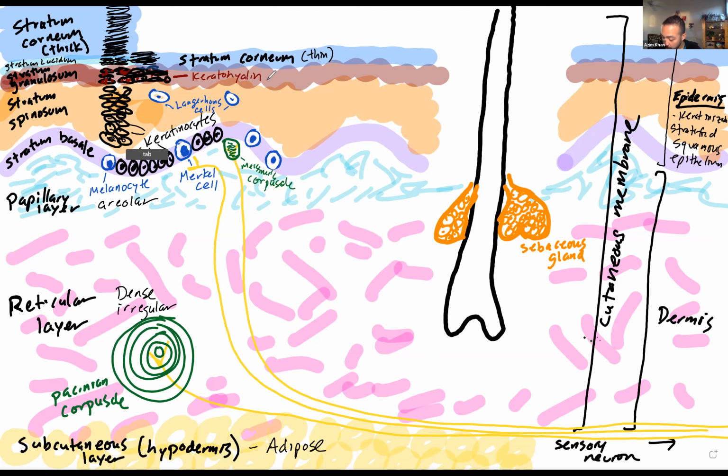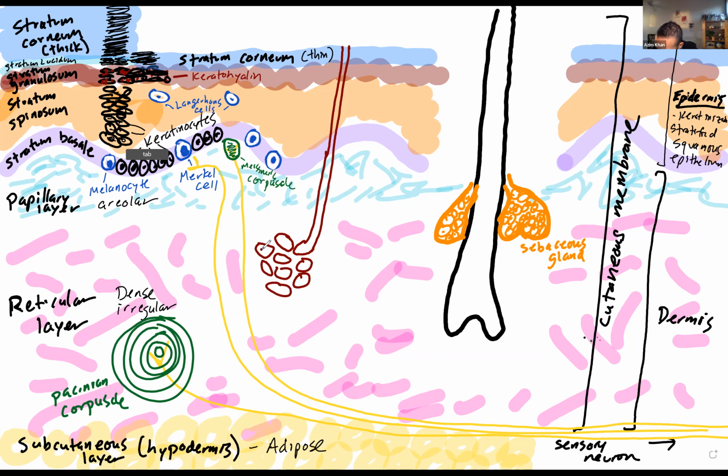Eccrine sudoriferous glands have a narrow tube, a narrow lumen. These are simple cuboidal cells.